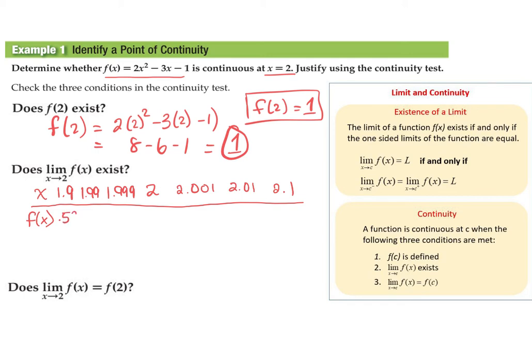So we get 0.52, 0.9502, 0.995. We don't really care what's happening here.